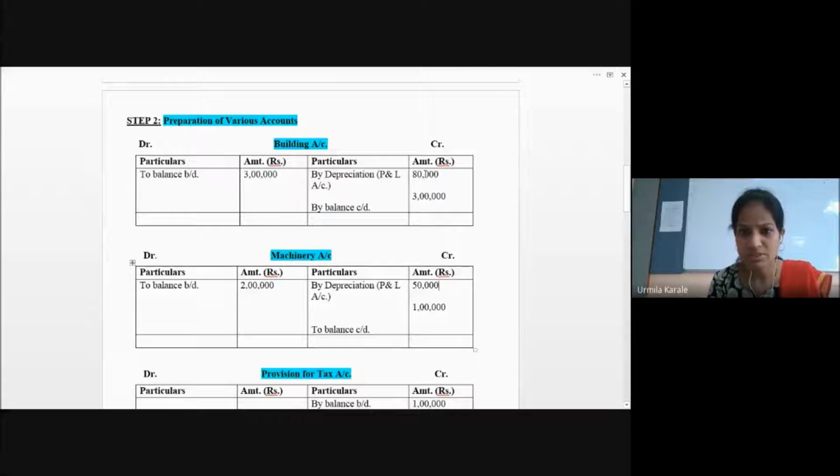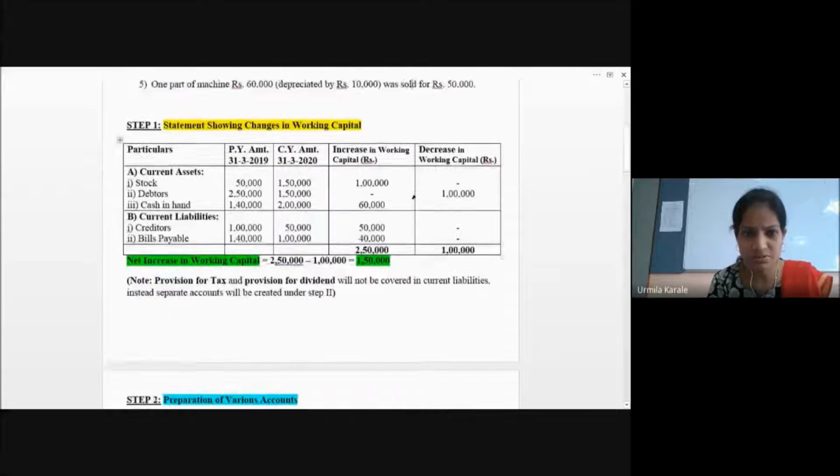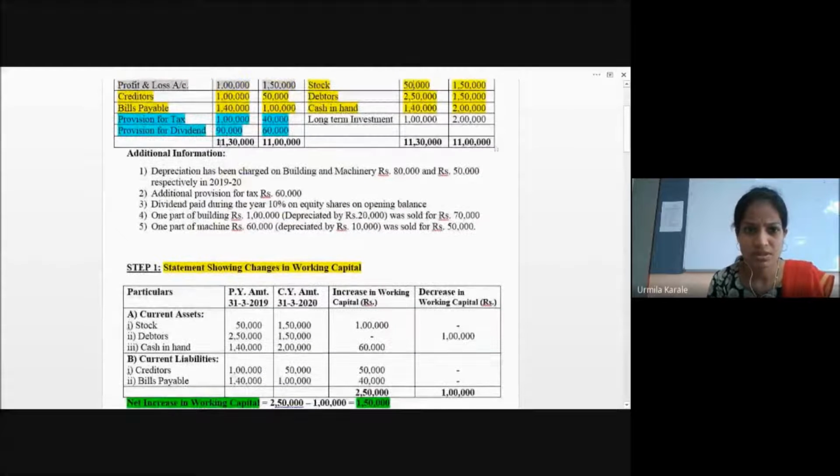We have just recorded depreciation here and here. Nothing else. This is your closing balance. I'm writing it here. So only depreciation we have recorded. Now next we'll check out the other adjustments given. This we are done, so I'm just highlighting this.